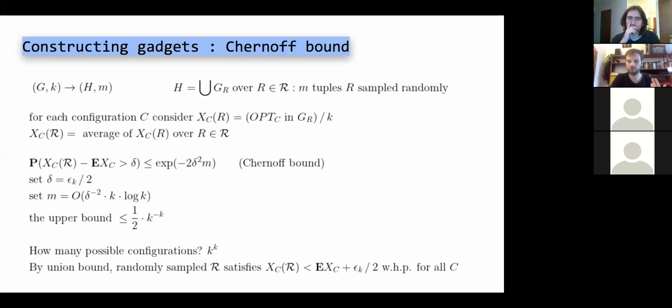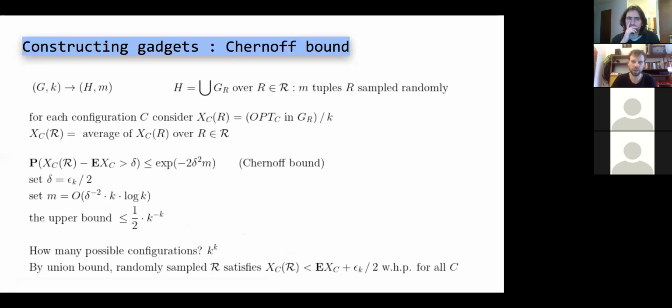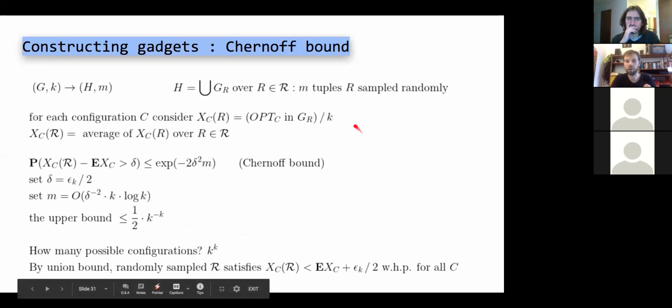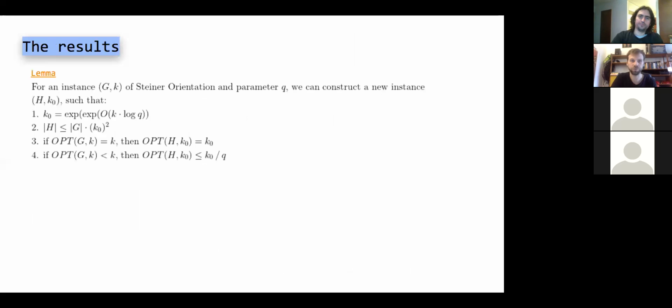So we get this inequality with high probability for all configurations simultaneously. No matter how we orient the edges in the bottom layer, our random choice of calligraphic R is good. So instead of taking a k to k sized reduction, we can improve this.